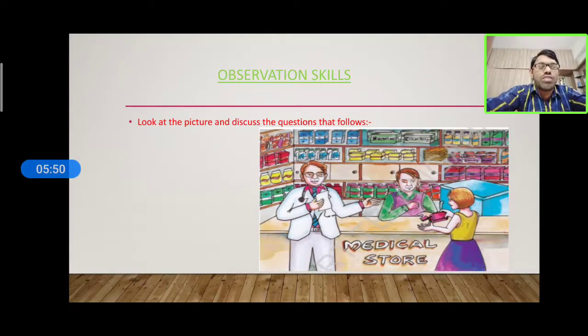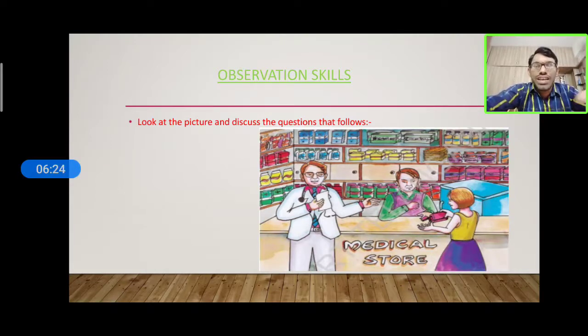Whenever a picture reading comes, first of all you are supposed to observe who is there in the picture, what the situation in the picture is, what type of things are there in the picture, and what is happening in the picture. We also have to identify the mindset of the persons or animals in the picture.